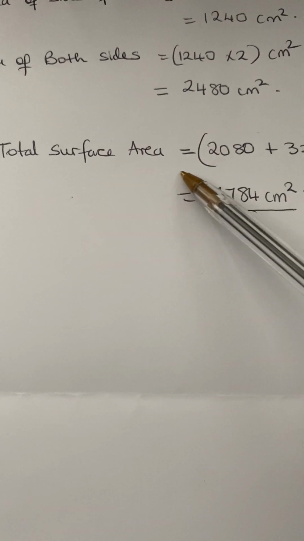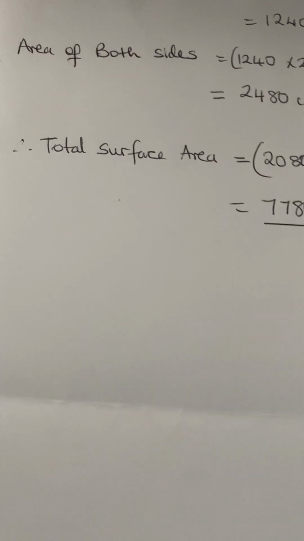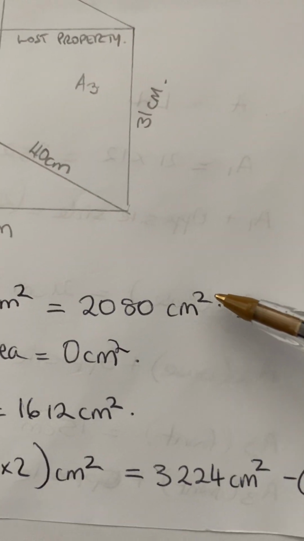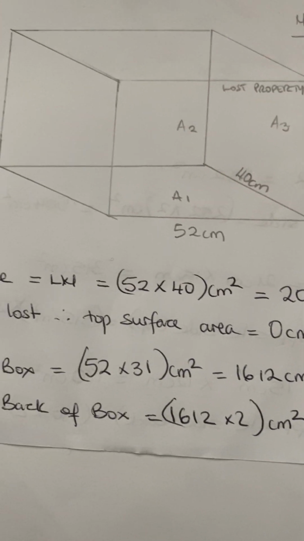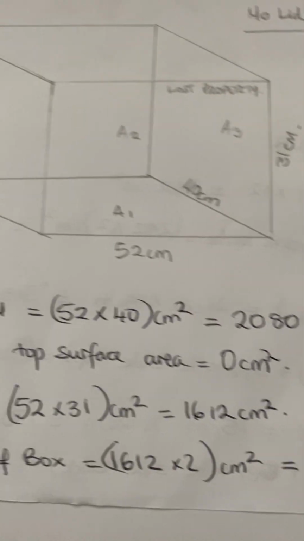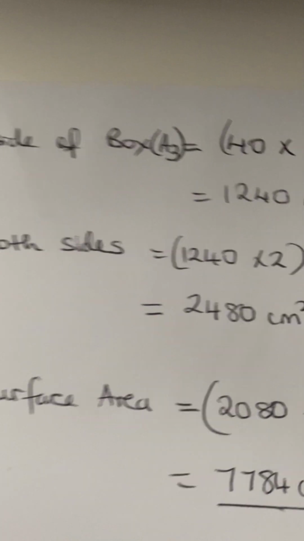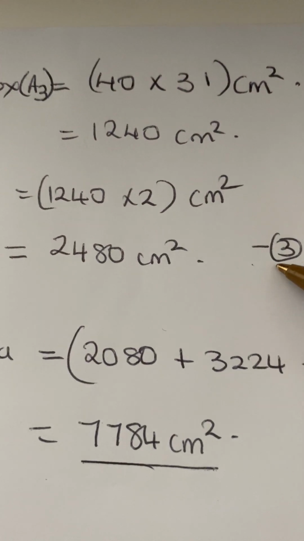Now the total surface area, remember there is no lid. So the total surface area will be the area of the base, which we labeled 1, the area of the front and the back, which we labeled 2 there, and then the area of the two sides, which we labeled 3.